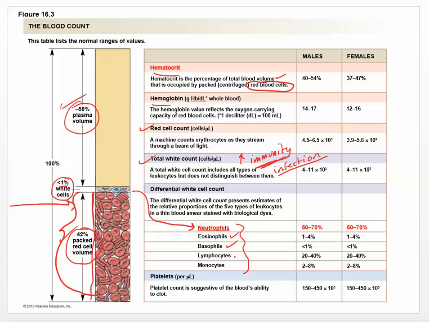The lymphocytes, T cells and B cells, the B cells will turn into plasma cells and make antibodies. Okay, so that's what those are. And then the monocytes, which are in there trying to get the bacteria and stuff like that as it enters your body. Okay, and then finally we have platelets. Platelets are involved in clotting.